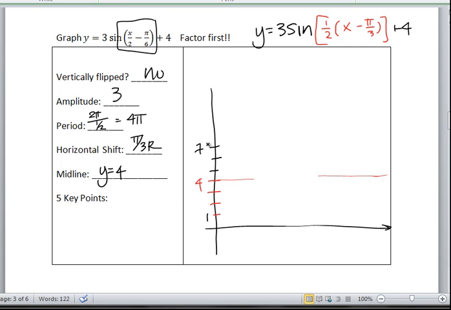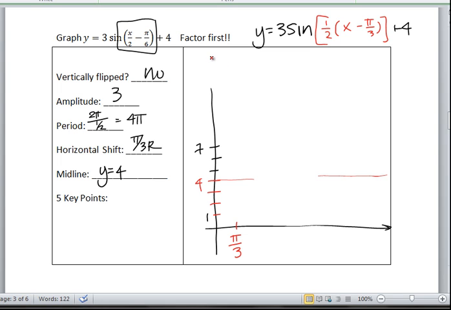Okay, and now the fun begins, because we're going to shift pi over 3 to the right. So actually this is pretty similar to the previous calculations, except it's slightly easier because of our period. But anyway, we are going to start at pi over 3 to the right. And I'm going to add 4 pi to that, but in thirds, right?